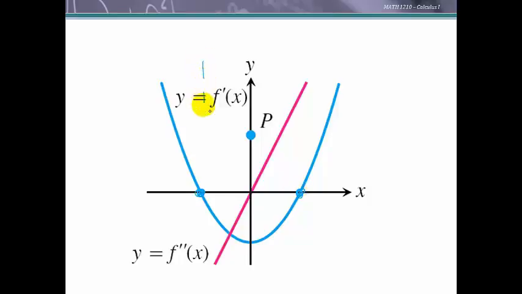So I'm going to divide this graph into intervals based on where the first derivative is 0, because if I look to the left of this dashed line, the first derivative is positive, and therefore I know the function is increasing on this interval. Between these dashed lines, the first derivative is negative, so I know the function must decrease between these two dashed lines. And then since the first derivative is positive over here, I know that the function must increase.